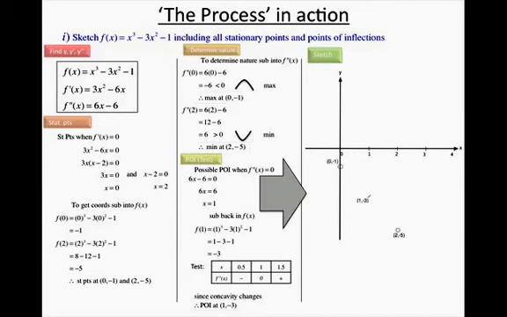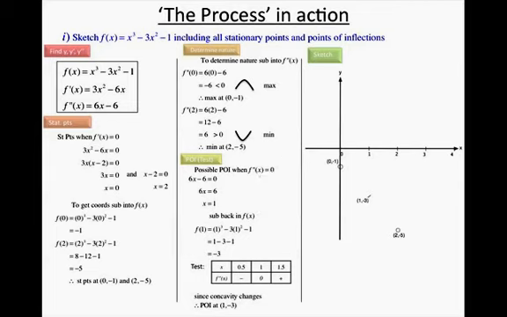There's a max at 0, -1. There's a min at 2, -5. And there's a point of inflection at 1, -3. You can see them all marked there now nicely on our graph. And so we know we've got a little max at the 0, -1 there and a little min at the 2, -5. So we start drawing it. Nothing else is going to happen besides that.